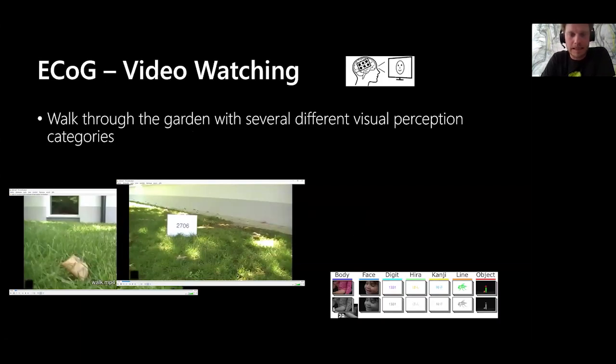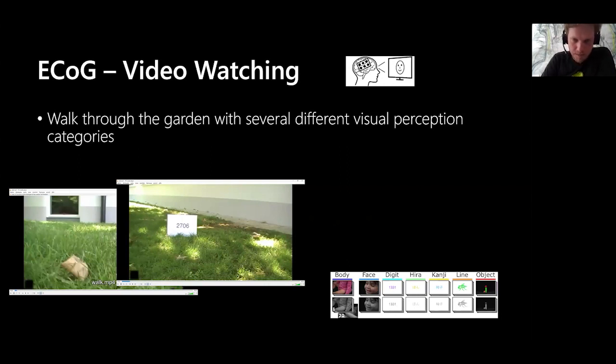Good. Then I think this is the last one. It's again an invasive data set. It is captured during a very nice task during video watching. Here it's kind of a free run paradigm where the patient was watching a video, and the video shows a walk through the garden, which is actually the backyard of our company.